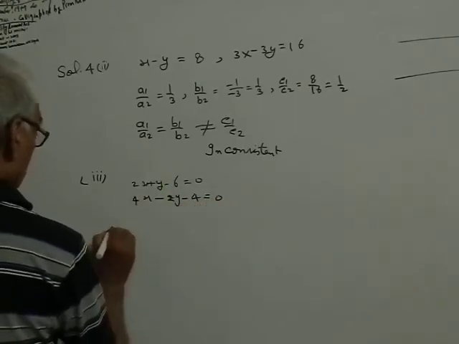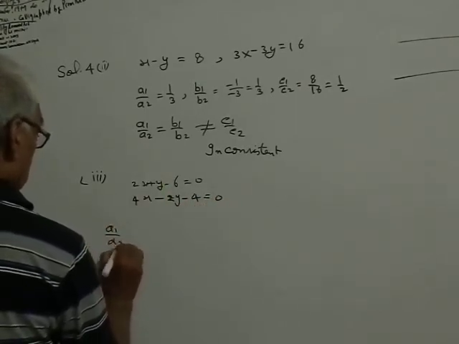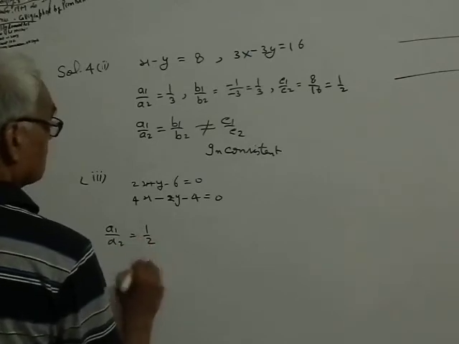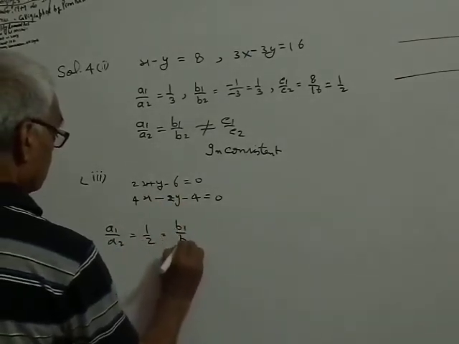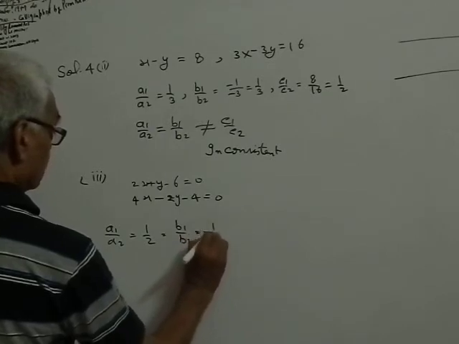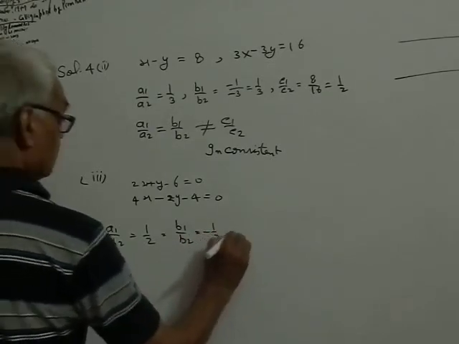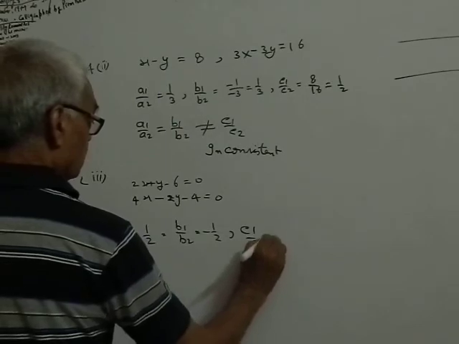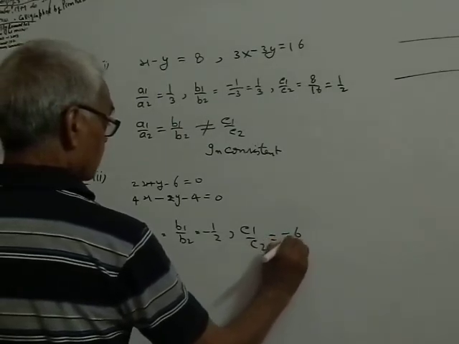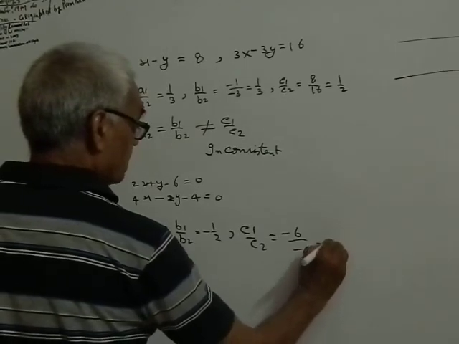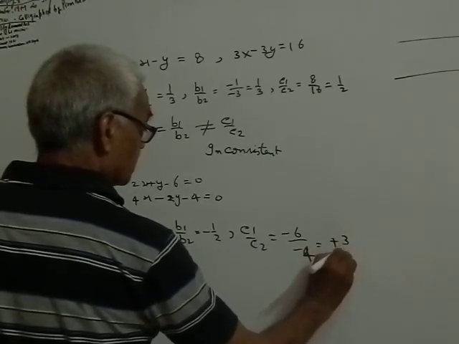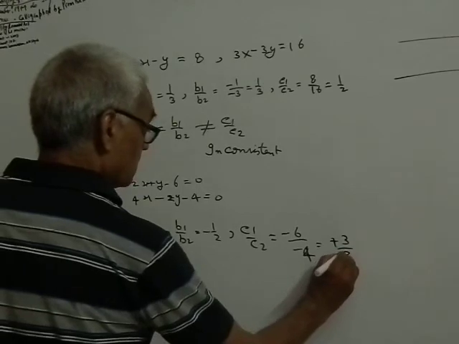So the ratio of coefficients a1 upon a2 is equal to half, b1 upon b2 is equal to minus half, and c1 upon c2 is minus 6 upon minus 4, which is plus 3 by 2.